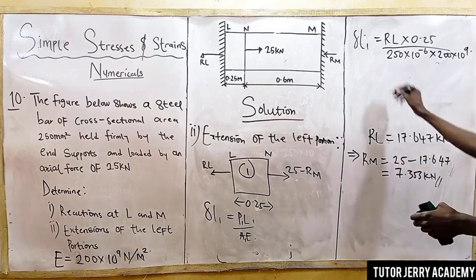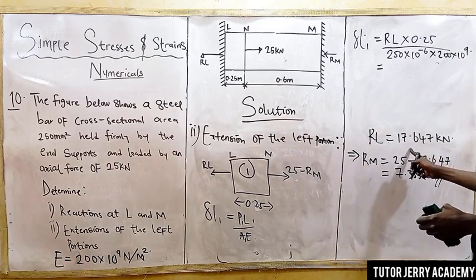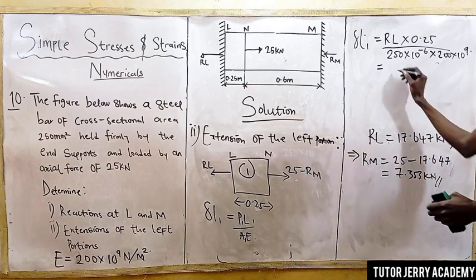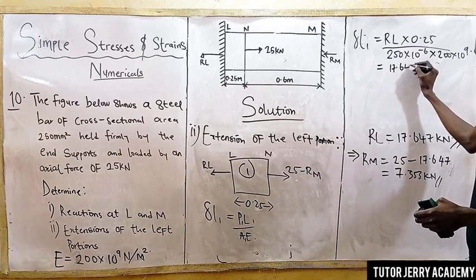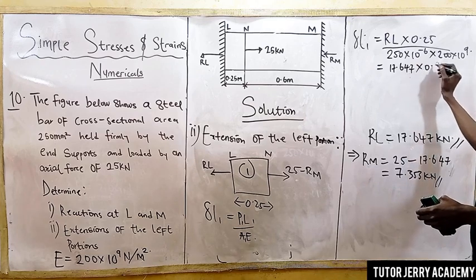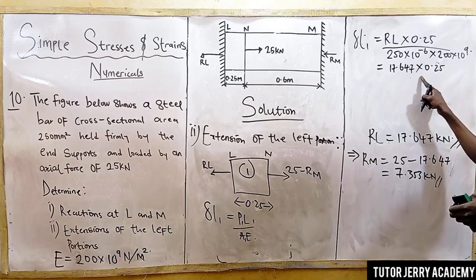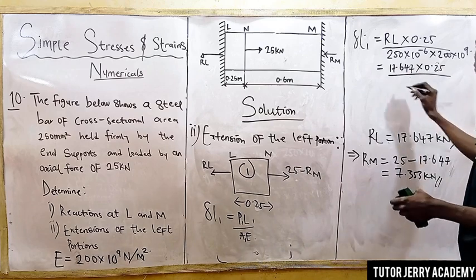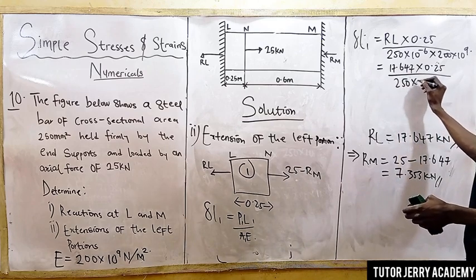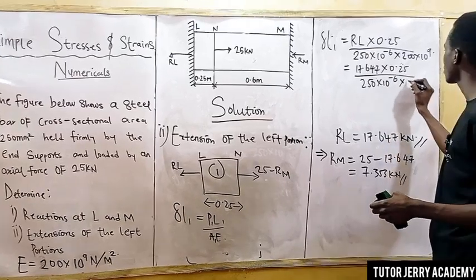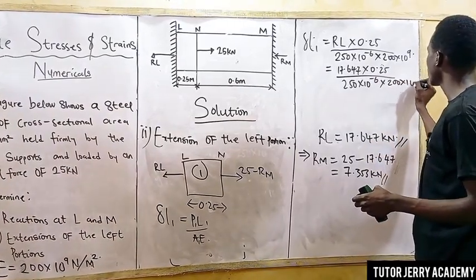My RL, which we have calculated, is 17.647. It will be 17.647 multiplied by 0.25 all over 250 times 10 to the power of minus 6 times 200 times 10 to the power of 9.